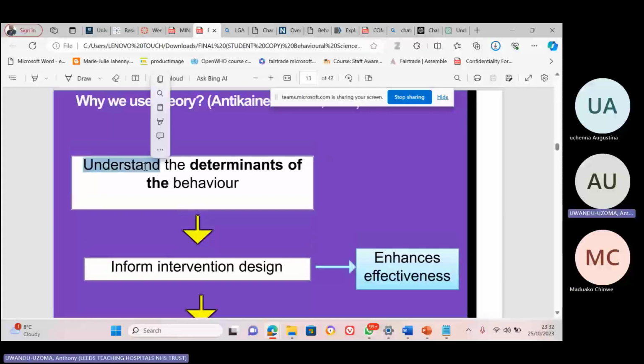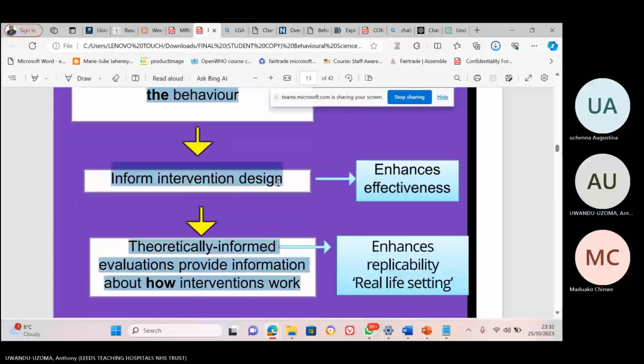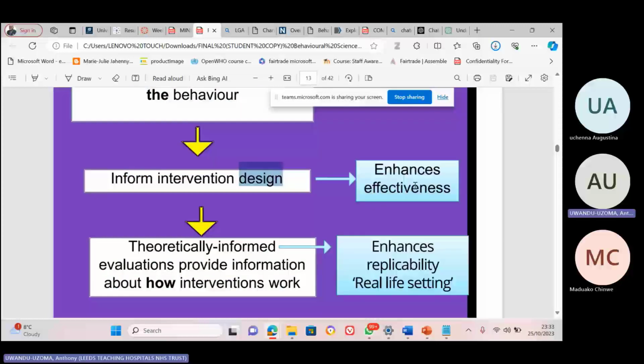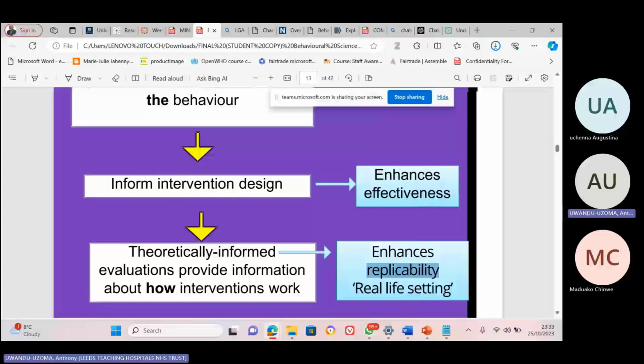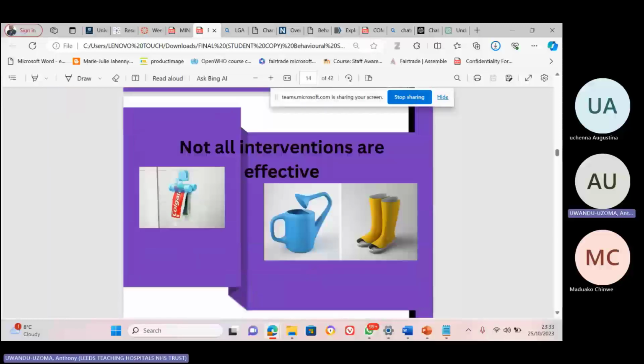The theory will help us to understand the determinants of the behavior, and it will help us to understand how effective the intervention that we want to design is. Because we have the theory to back up our intervention, anybody that uses it will also have the same result. So this slide is important because it answers one of my questions.